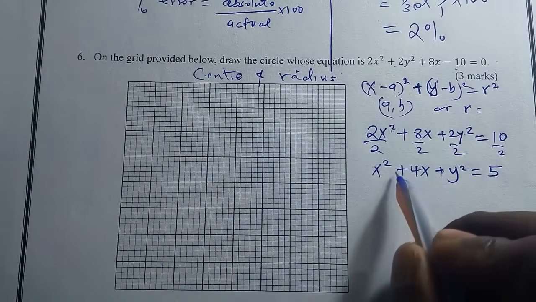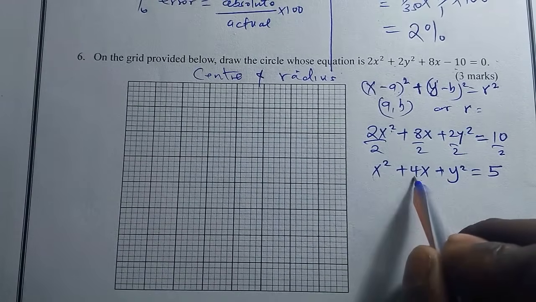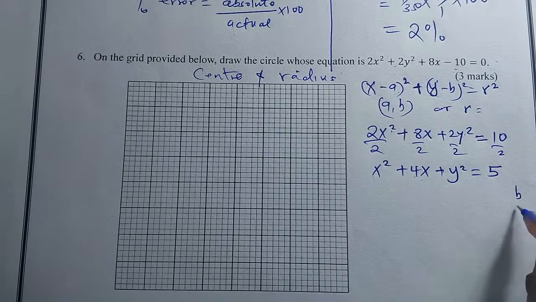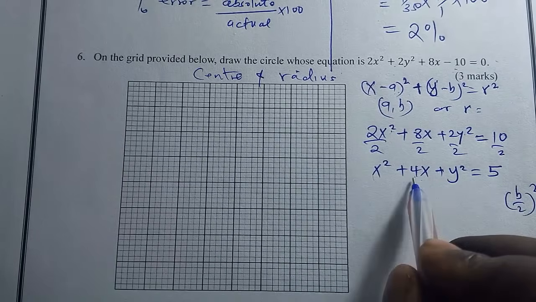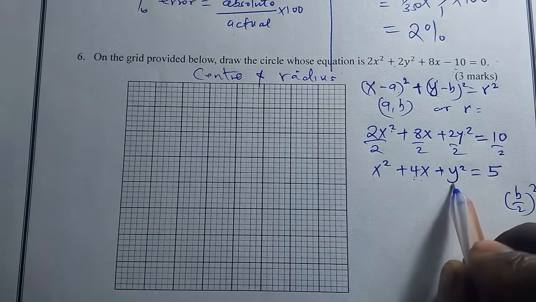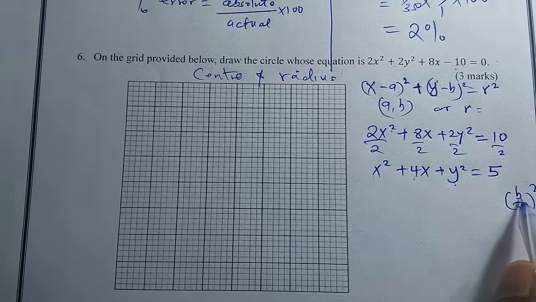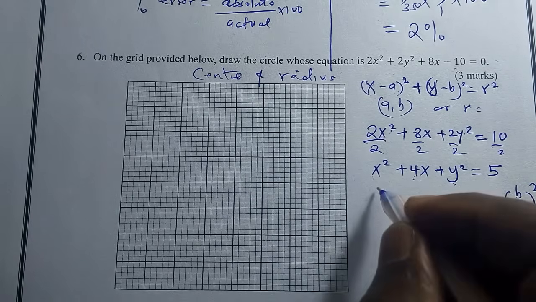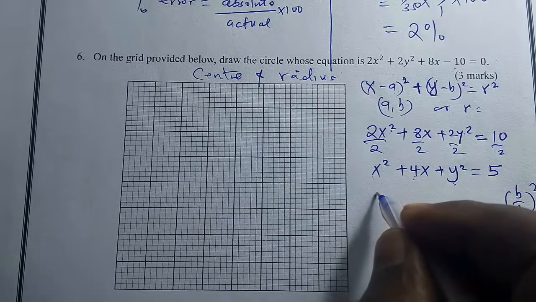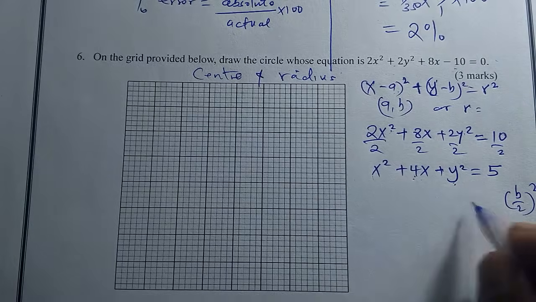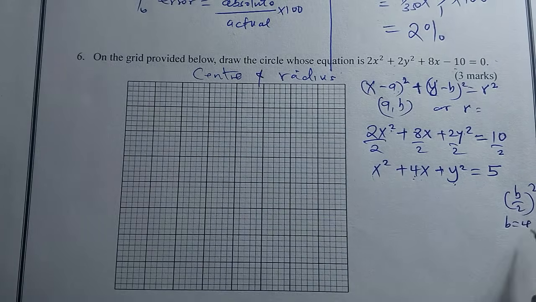Now for the first part, for x, our b over 2 squared, our b is 4. But for the y, b is 0, so we are not going to bother with that. So here, for x, b is equal to 4. You divide by 2, the answer is 2.